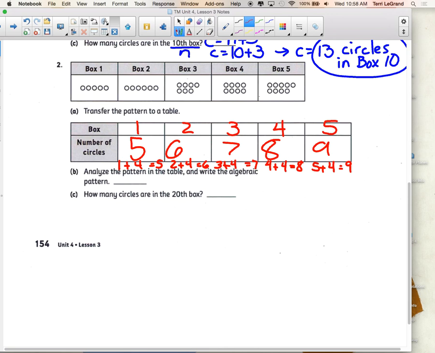Okay, you are so good, you're going to write the algebraic pattern for this now. What's the algebraic pattern for this one? Write it down. Anybody want to put yours up there for me? Thank you.